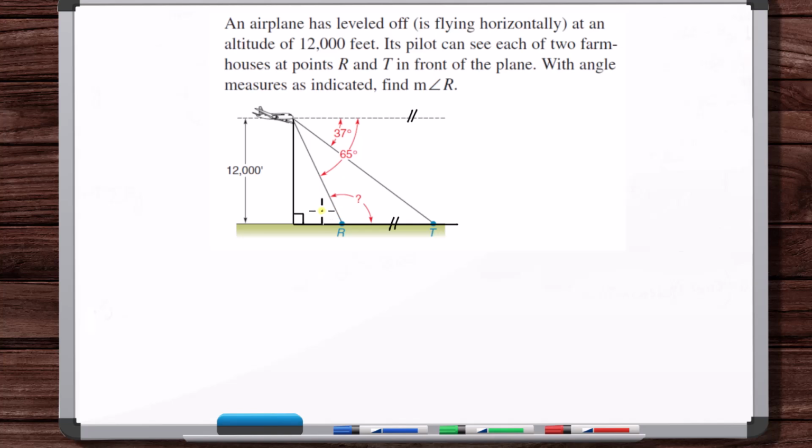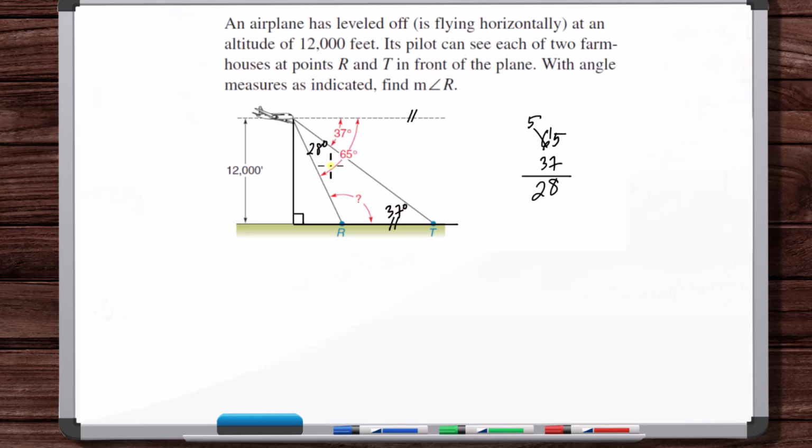Are these alternate interior angles? Well, okay, what about this transversal here? Yeah, these are alternate interior angles. This is 37 degrees. Now we can see that if we take 65 minus 37, we get 28. So this is 28 degrees.